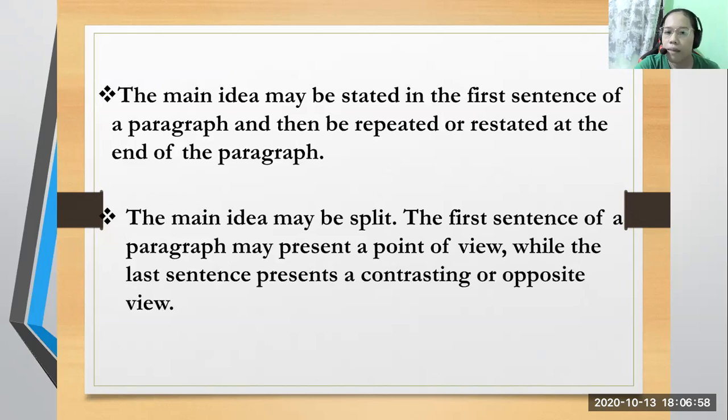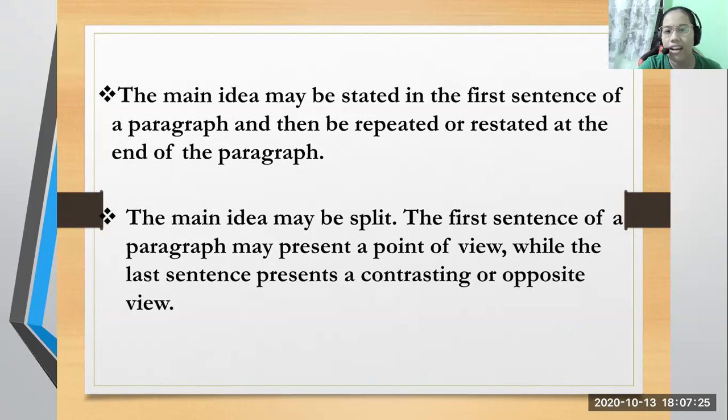Now, the main idea may be stated in the first sentence of a paragraph and then be restated at the end of the paragraph. The main idea may be split. The first sentence of a paragraph may present a point of view, while the last sentence presents a contrasting or opposite view. In other words, just like what I've said earlier, we have the explicit type of main idea.